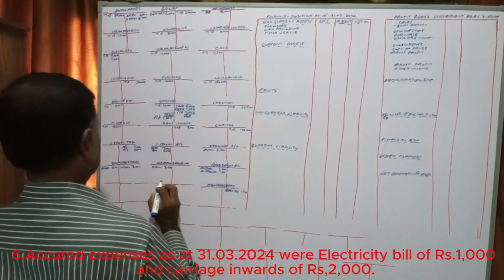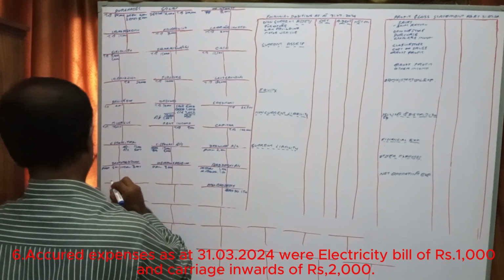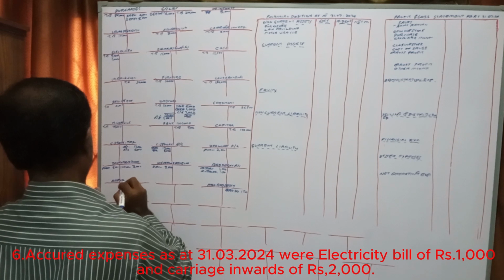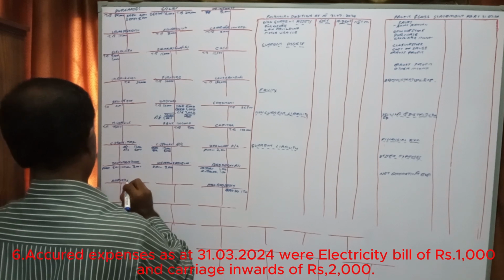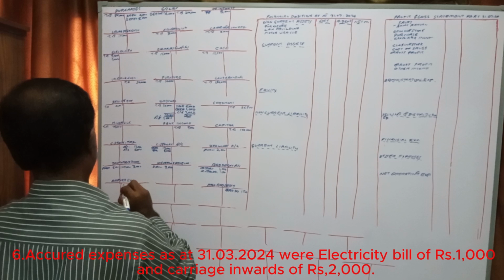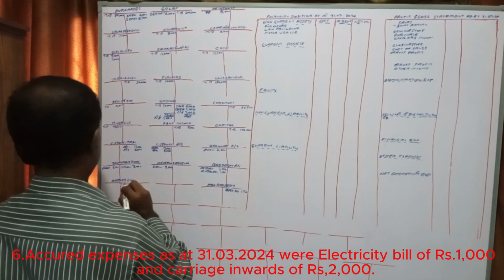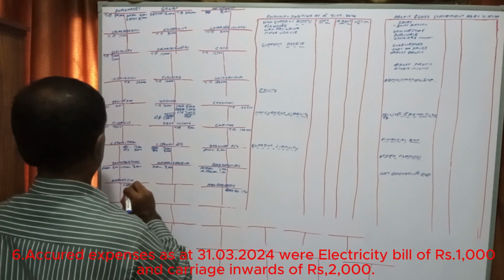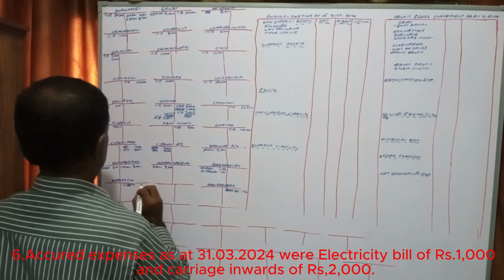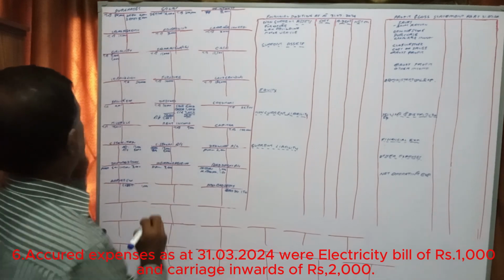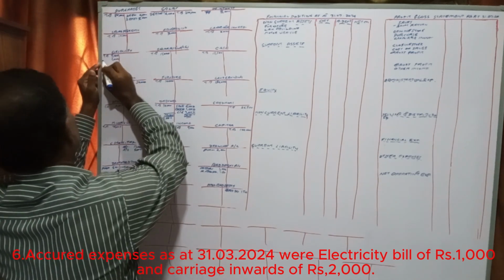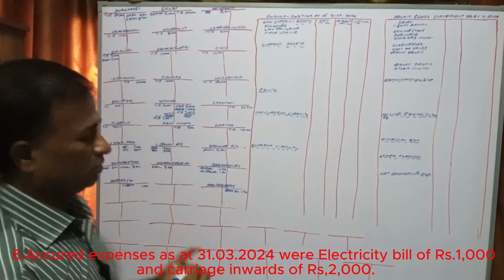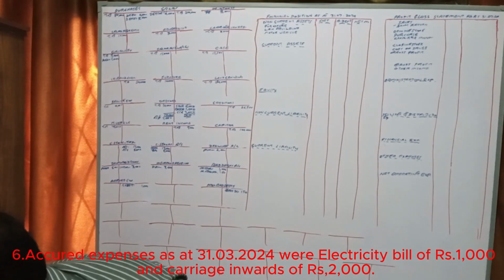Accrued expenses credited, electricity account debited 1,000, and accrued expenses credited 1,000, right?